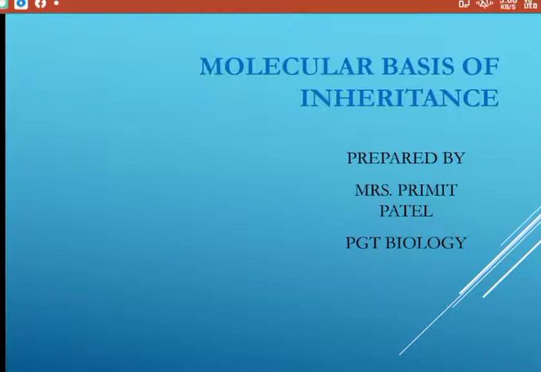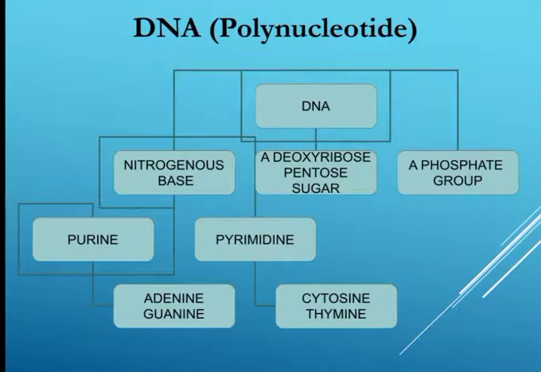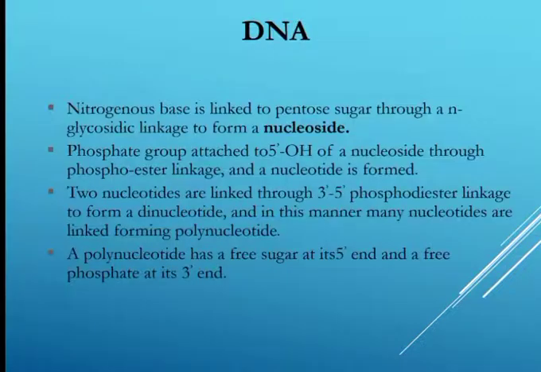We have started with the 6th chapter, that is molecular basis of inheritance, in which we have studied about DNA, that it consists of a nitrogenous base, a deoxyribose pentose sugar, and a phosphate group. Nitrogenous bases are purines and pyrimidines.